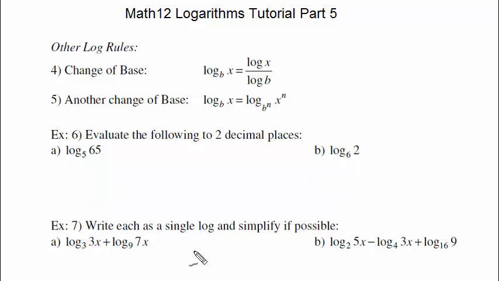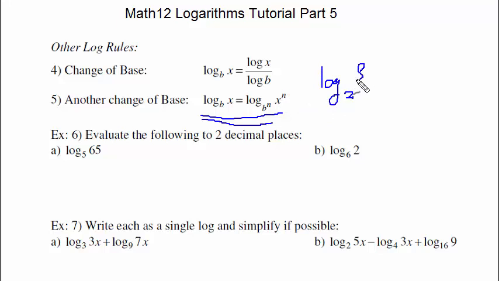Alright, the next one is a little bit tricky. We have different bases. What can we do with different bases? We use another extension of the change-of-base formula. It says log base b of x can be changed to log base b to any power I want, of x to the same power as well. So I have log base 2 of 8.